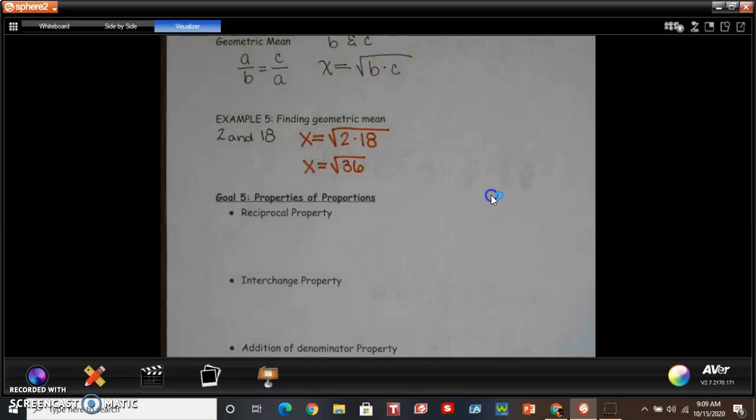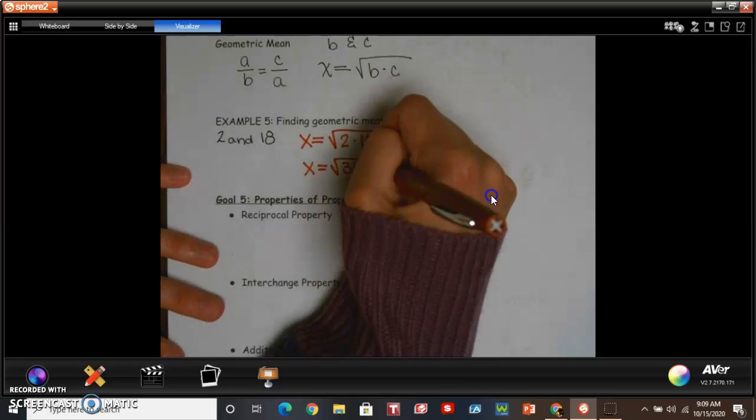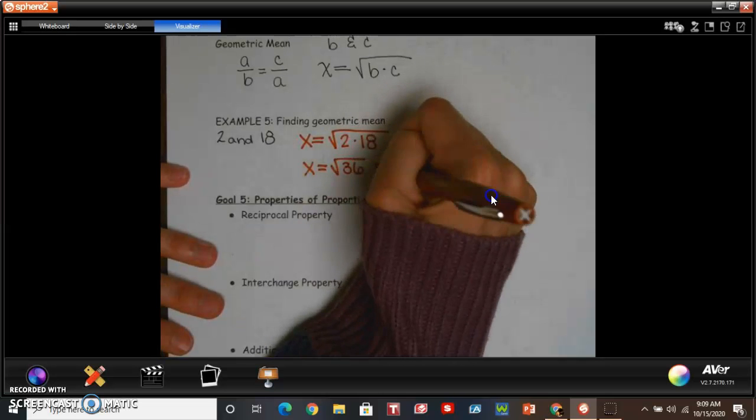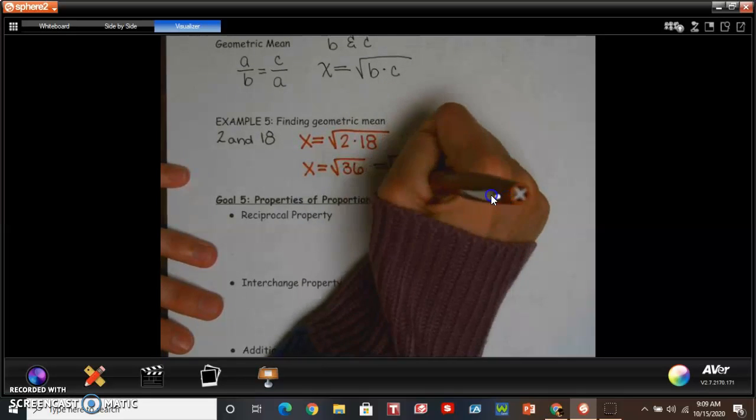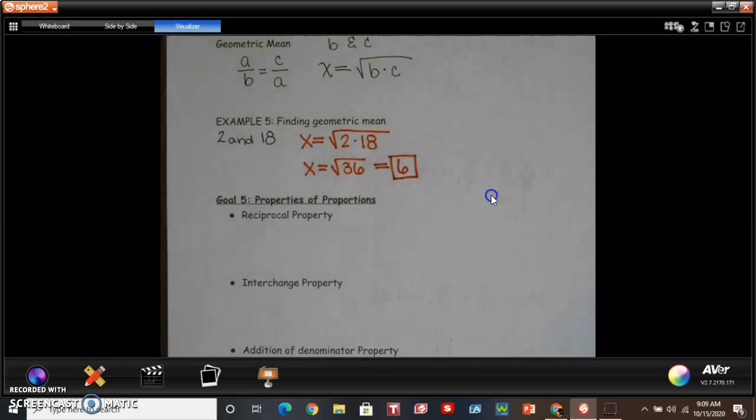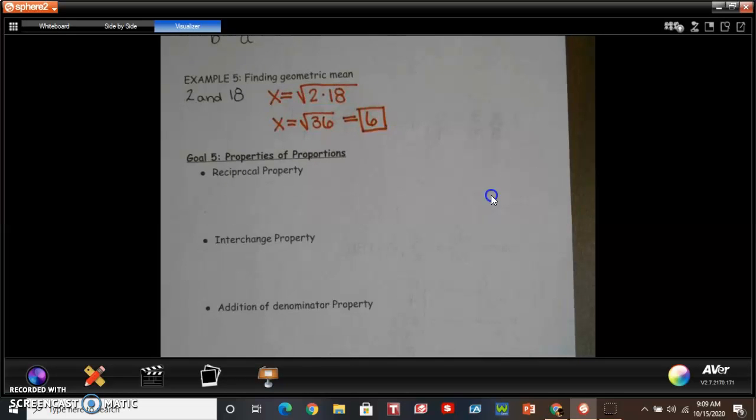If it wasn't a perfect square, you would round. So the square root of 36 is 6. So this would be your answer that you type in. You do not type in x equals 6. You just type in 6. These are not multiple choice. Got it?